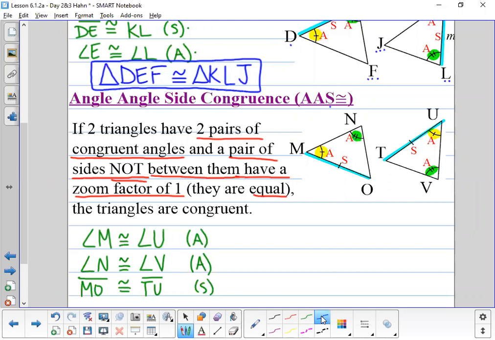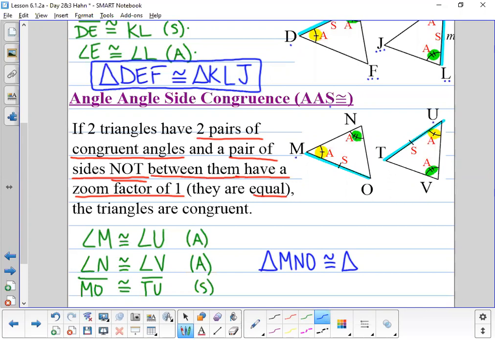So now I can write my congruence statement. And again, the first triangle I can write in whatever order I want. So I'm going to write MNO. And that's going to tell me how I have to write my second triangle. Don't forget, we're using the congruent symbol here instead of the similarity symbol because we're moving beyond similarity to congruence.